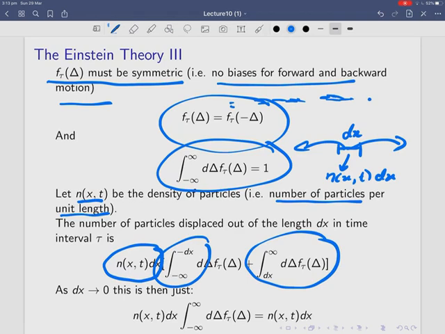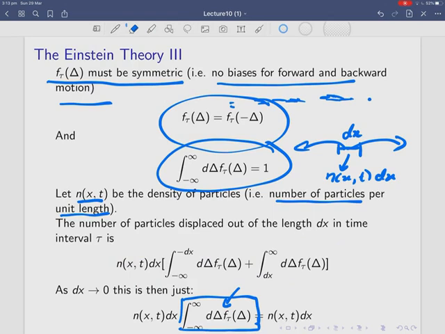As dx approaches zero, what you find is that this sum is just the whole integral, of course. I want this. So that's the result we get, which of course is normalized to 1, because we know that from up here. And therefore this is the number that leave.